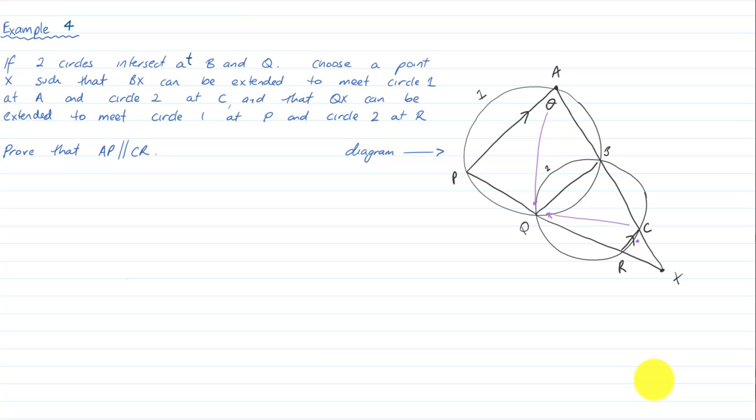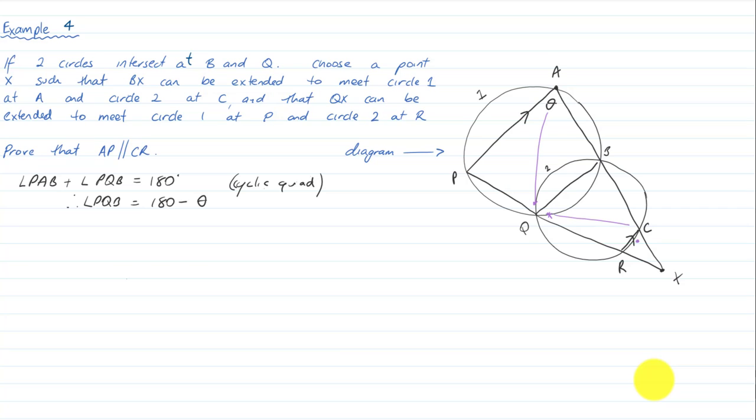I know that angle AP, sorry, that's the wrong word to start with, PAB plus angle PQB has to be equal to 180 degrees. And this is a cyclic quadrilateral. And so therefore, angle PQB is equal to 180 degrees minus theta.